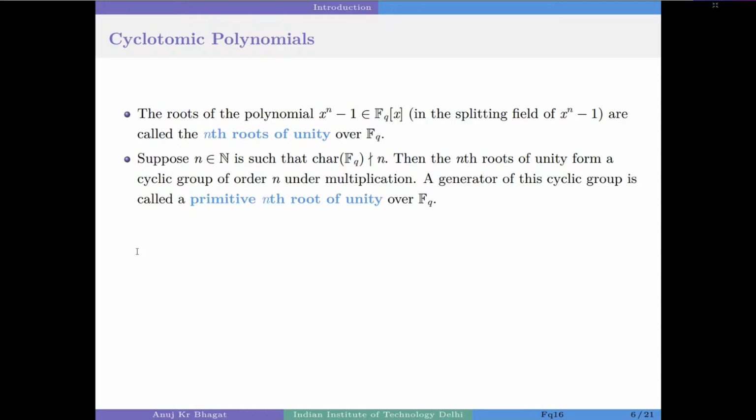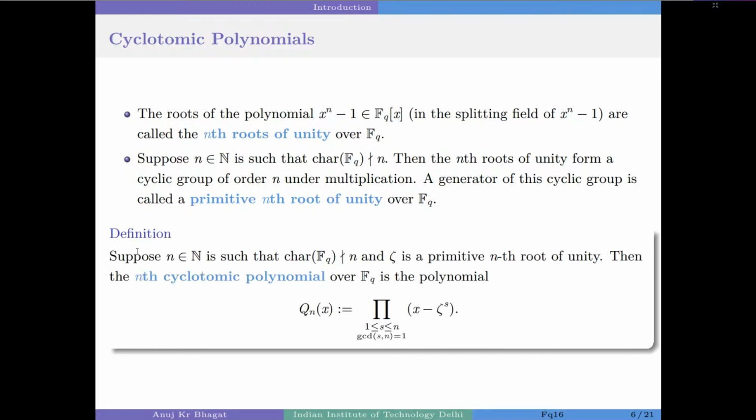Because it is a cyclic group of order n, it has phi(n) generators, where phi is Euler's quotient function. So we construct a polynomial whose roots are all the primitive nth roots of unity. If I know that zeta is one primitive root of unity, then all other primitive roots are zeta^s, where s is co-prime to n. This polynomial is termed the nth cyclotomic polynomial over Fq.